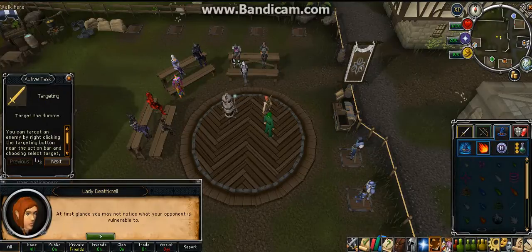At first glance, you may not notice what your opponent is vulnerable to. You will need to inspect your enemy carefully. Let's look at how to do that.